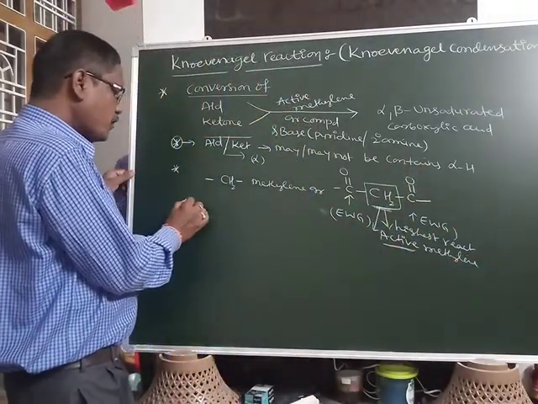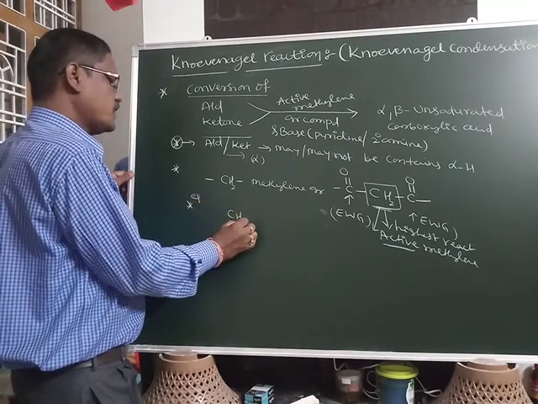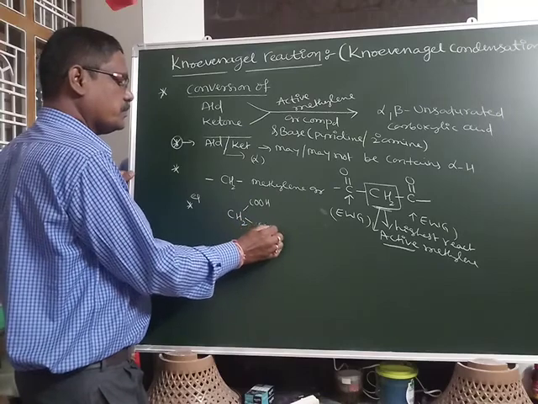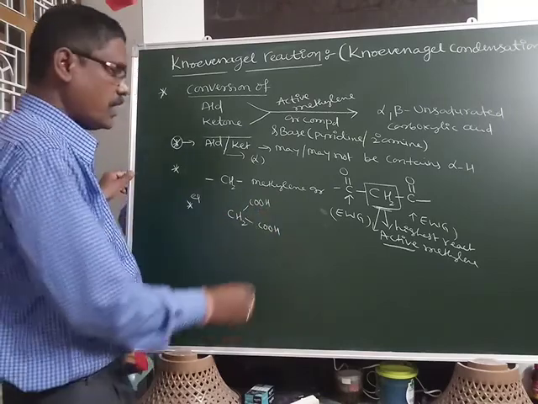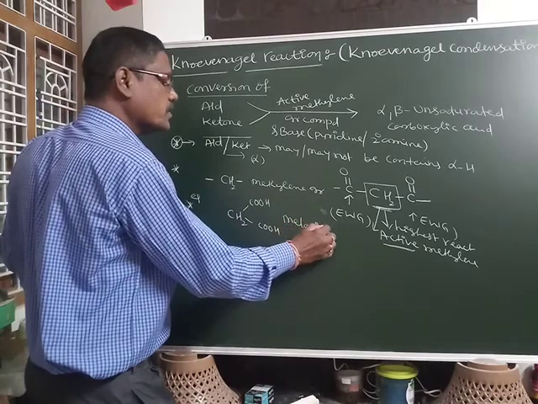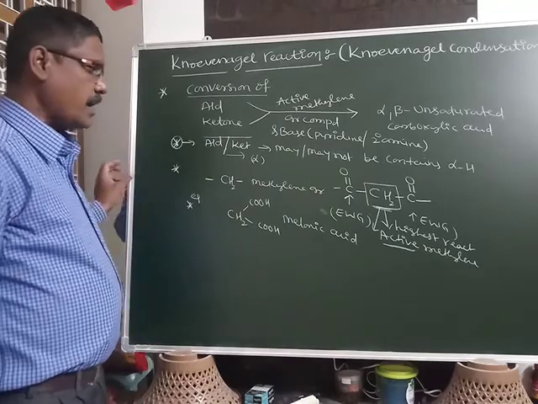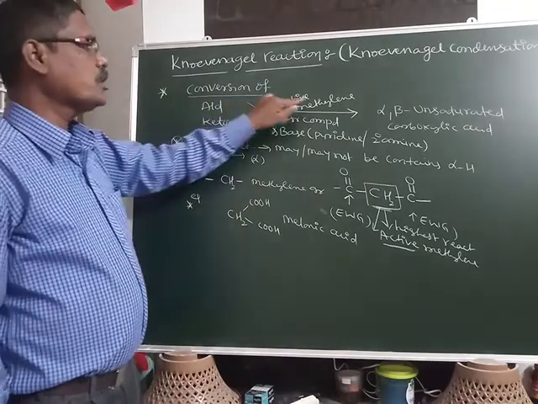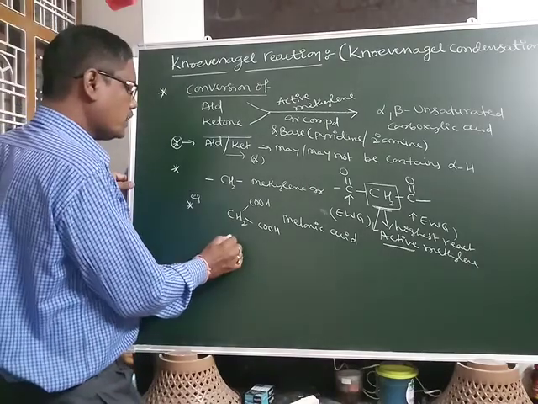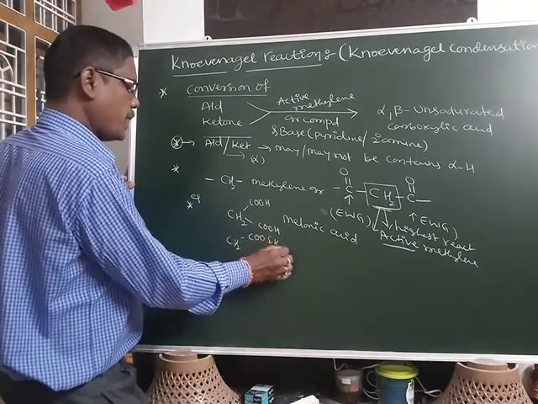Example for the active methylene group: this one, CH2(COOH)2. This is called as malonic acid. Malonic acid is one of the examples for the active methylene group component. One more example, CH2(COOC2H5)2.